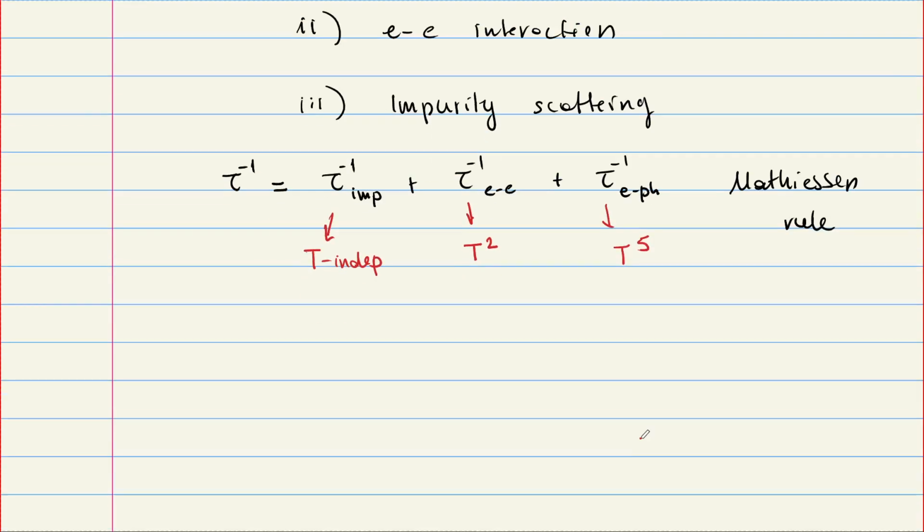That means at low temperature, which is the main interest of this course, the resistivity is going to be some constant, the lowest order contribution coming from impurity, plus some coefficient A times T squared, and higher order terms. So this one is what we call residual resistivity. Good.